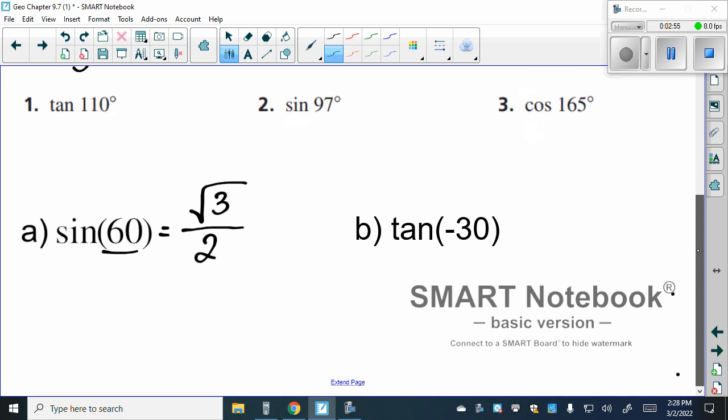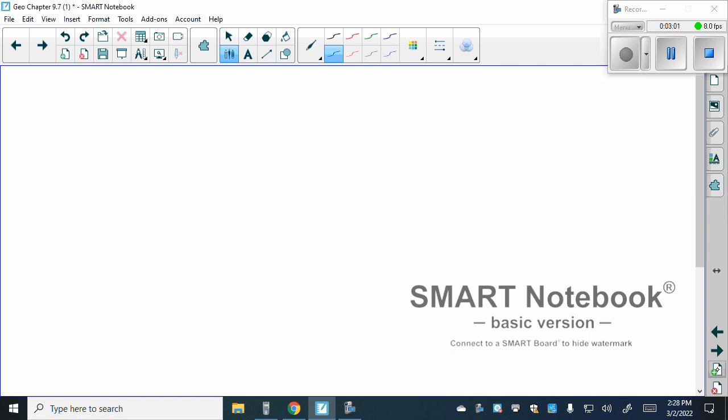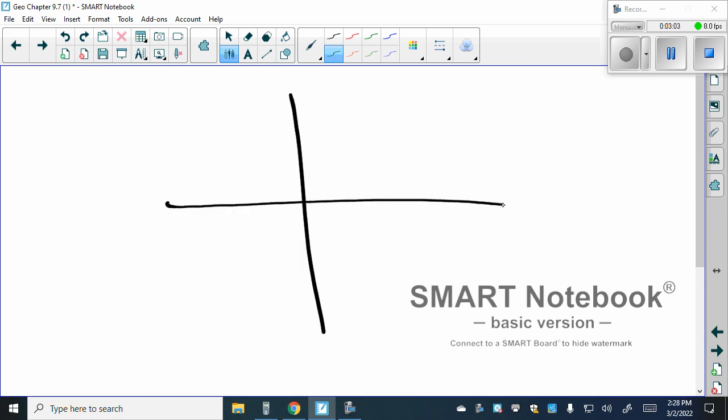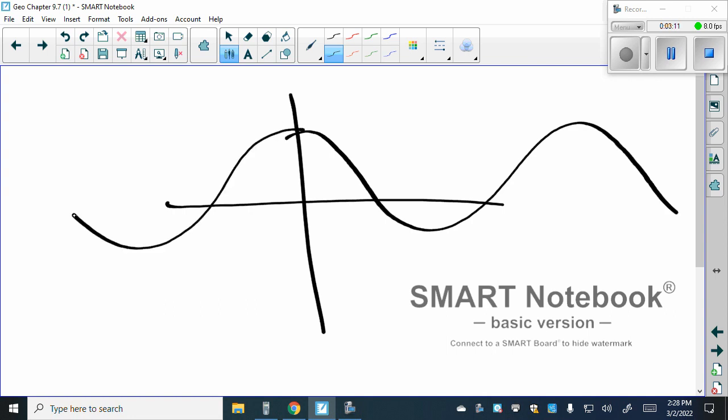And the same thing is true for tangent of negative 30. Because it's based off the sine, cosine, tangent functions, which, because sine ends up repeating itself, it oscillates between 1 and negative 1. The same thing is true for cosine.